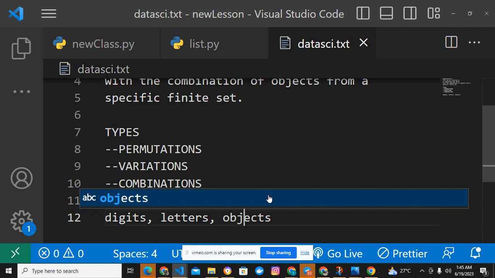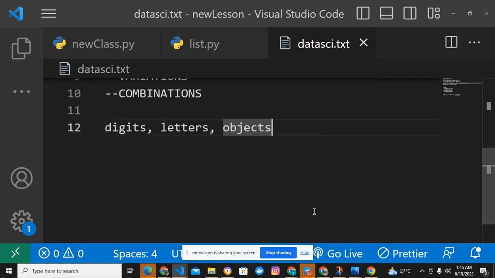Let me give a real life example. I think it will make a lot of sense if I use an example to explain what permutations are.